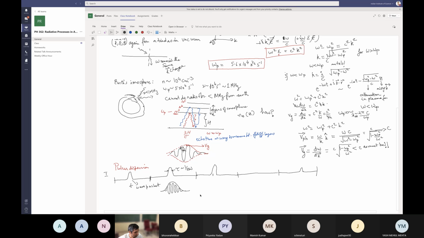Now, suppose you have a pulsar which is emitting pulses from here, and you are an observer who's seeing from here. What is the propagation time of this pulse? If this object is at a distance d, the propagation time is ds by vg.